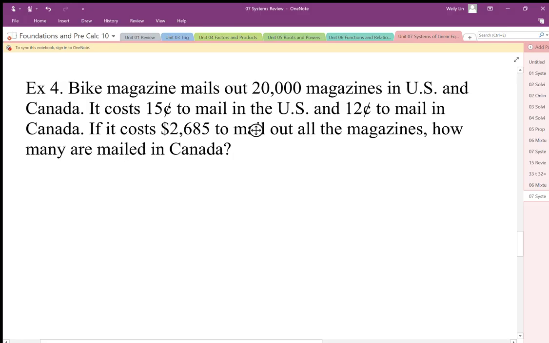That last sentence again establishes our variables. Let x equal the number of magazines mailed in Canada, which is what we're looking for.